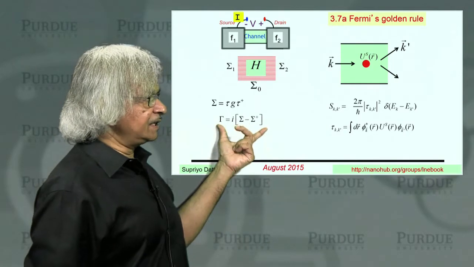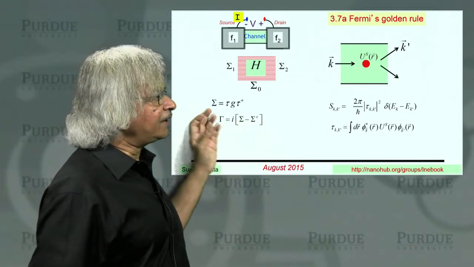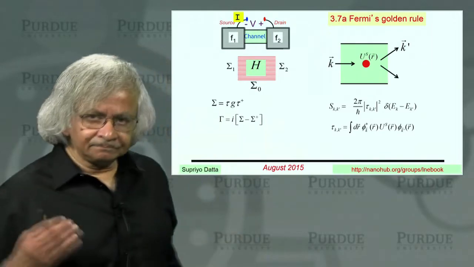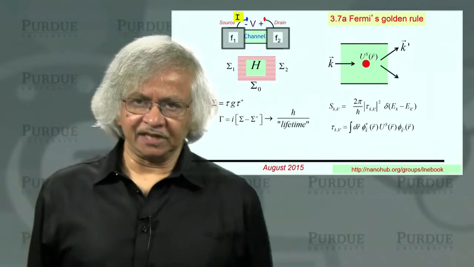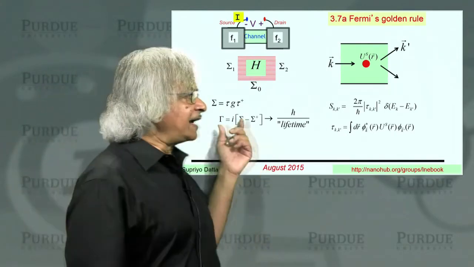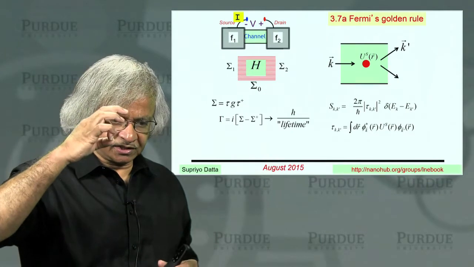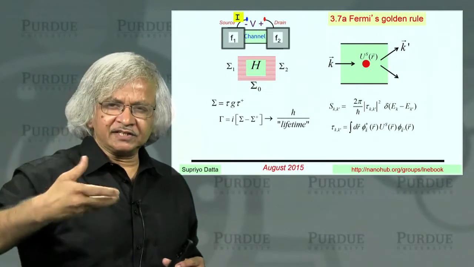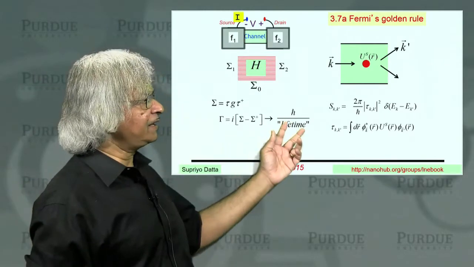And the point is that this gamma you could view as like the lifetime of a state. That is, what this gamma tells you is, if the electron is in a certain state, how long it stays there before it is scattered to another state. So that's what I mean by lifetime.